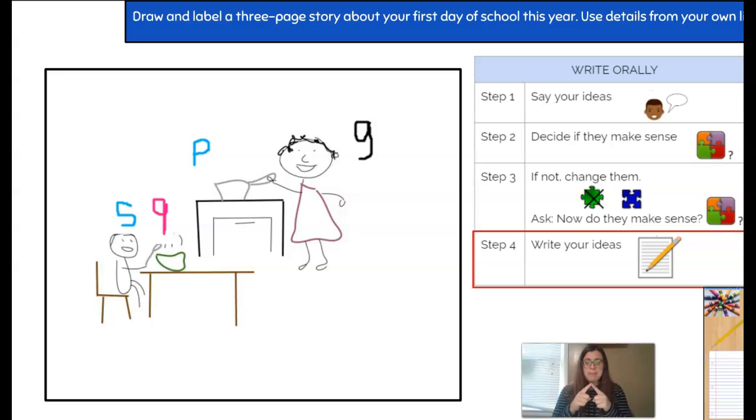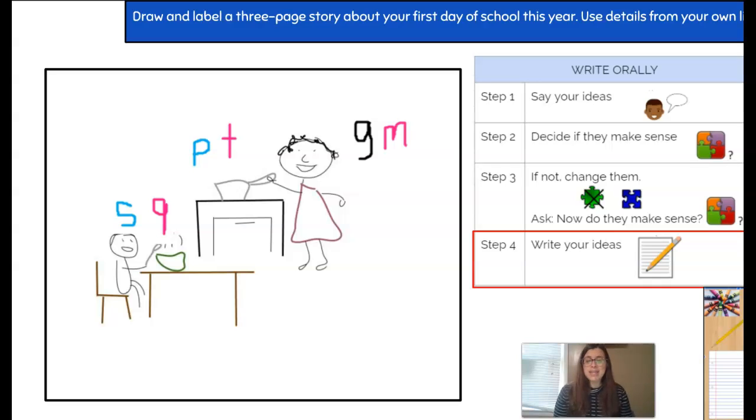Pot. Pot. At the end of the word pot, I hear the T sound. And thinking back to my letters, I know the letter T makes the T sound. So it makes sense to me. I'm going to skip step 3 and I'm going to write the letter T.